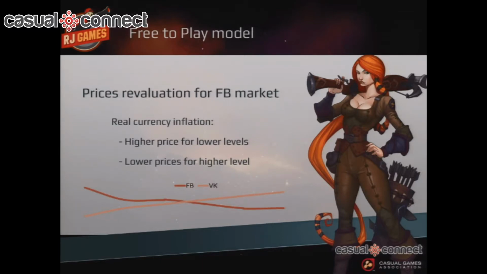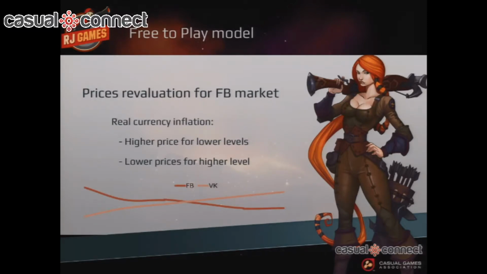So the first step to evaluate price level is to multiply all prices by a constant in order to increase the general price level of the game, to inflate the economy. But the price evaluation has another point, a second point. In the Russian version, monetization works like constant inflation in terms of real currency.